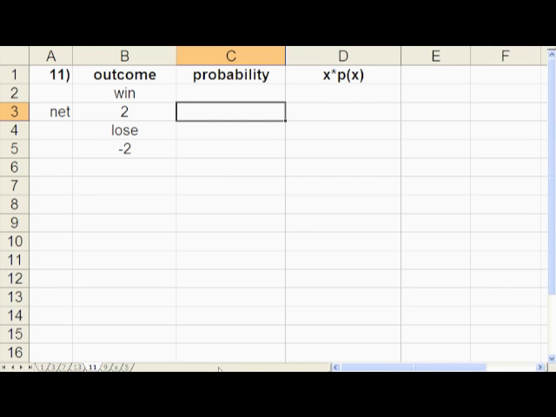So we're going to enter the probability of 1 over 3 for winning. Now losing, on the other hand, we can take the complement, which is 1 minus the 1 over 3 value, and we get the probability of losing.